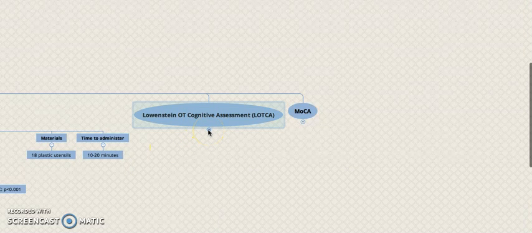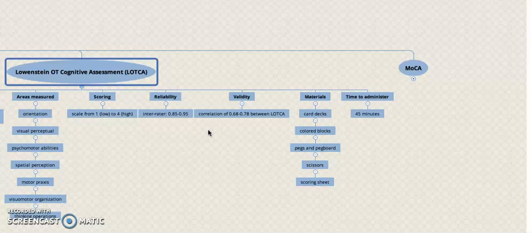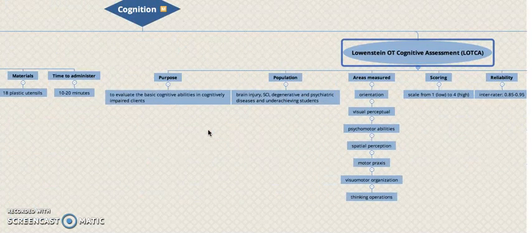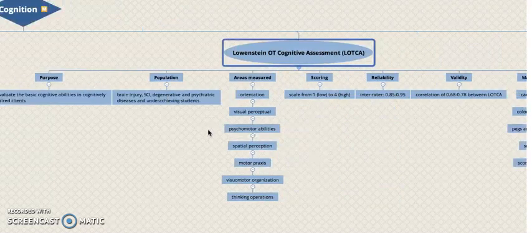Now on to the LOTCA, which stands for Lowenstein OT Cognitive Assessment. The purpose is to evaluate the basic cognitive abilities in cognitively impaired clients. The population is for those with brain injury, spinal cord injury, degenerative and psychiatric diseases, as well as underachieving students. Areas measured include orientation, visual perception, psychomotor abilities, spatial perception, motor praxis, visual motor organization, and thinking operations.